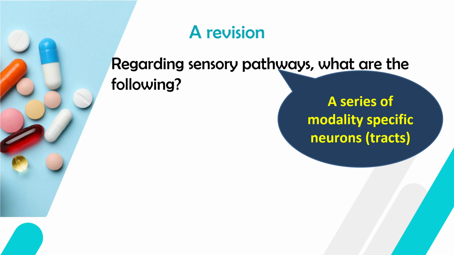While pathways are a series of modality-specific tracts. They serve only one modality. So today when we speak about the olfactory pathway and the visual pathway, it's a series of modality-specific neurons. This is very important.